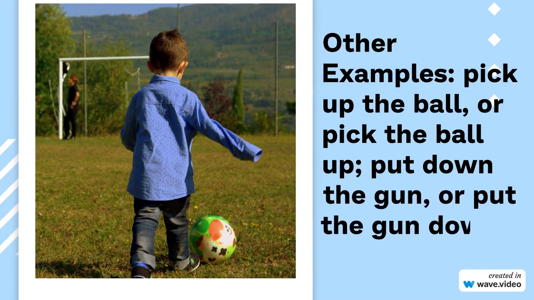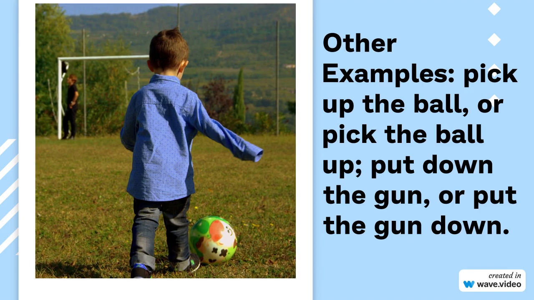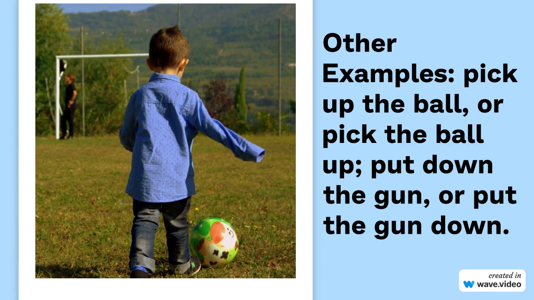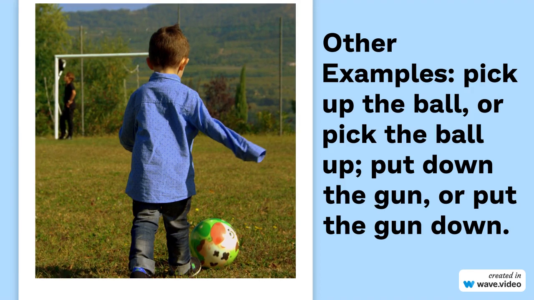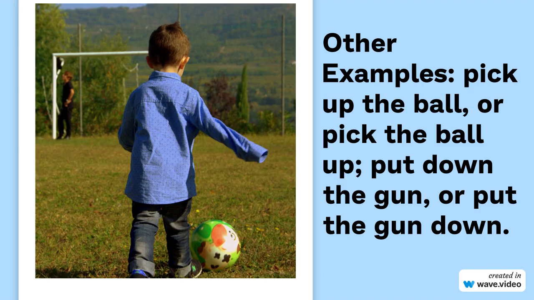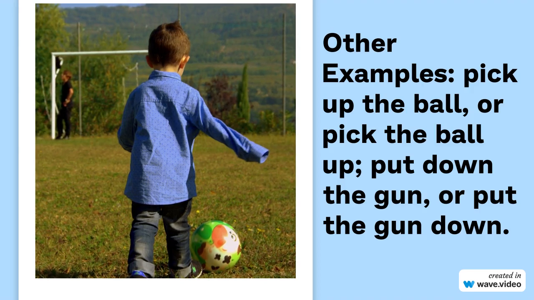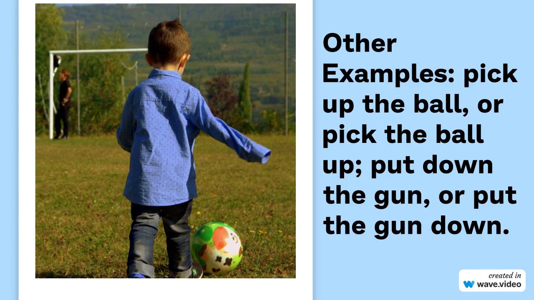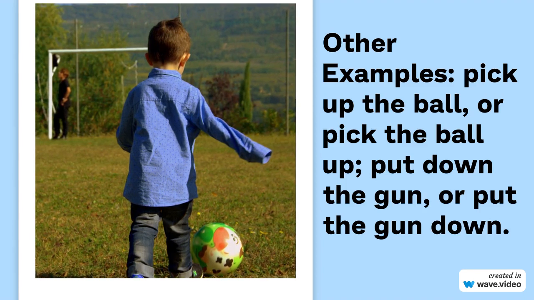When you can insert the object between the verb and the particle, then that phrasal verb is separable. Other examples of separable phrasal verbs are pick up the ball or pick the ball up, put down the gun or put the gun down. So pick up the ball, we have used the phrasal verb together, pick up.